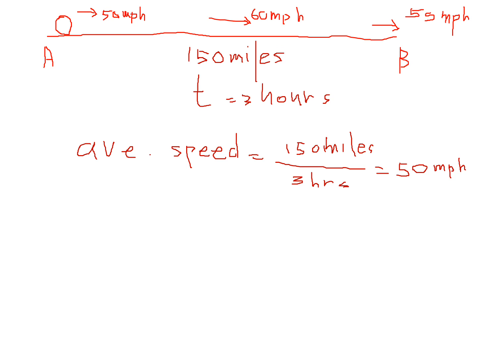at a given time. If you're going to talk about specific speeds at a given location, for example, at A, your speed is 50 miles per hour. At point B, 55 miles per hour.